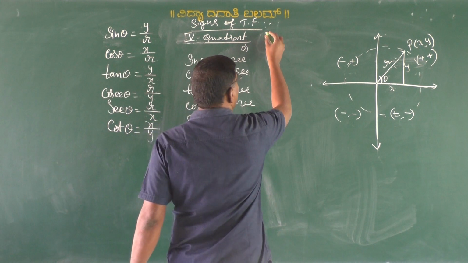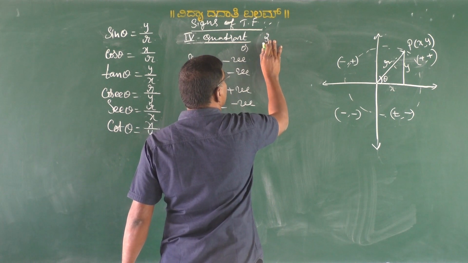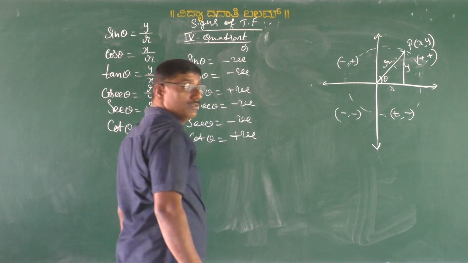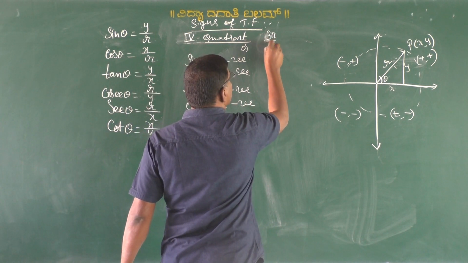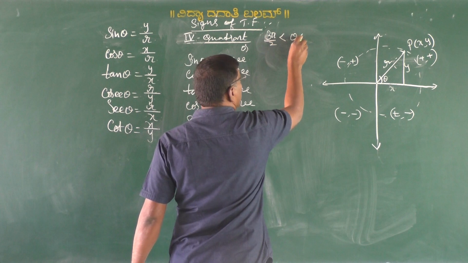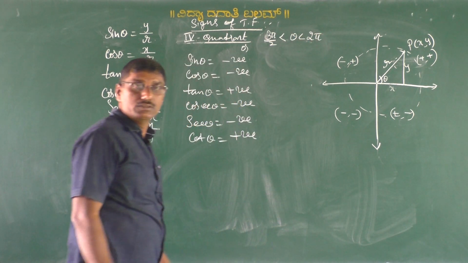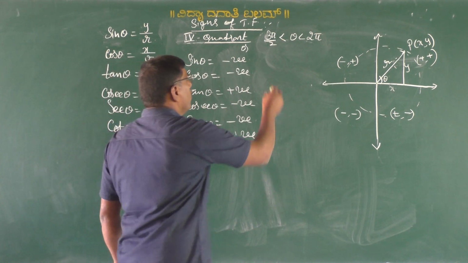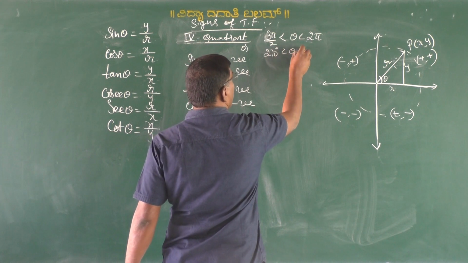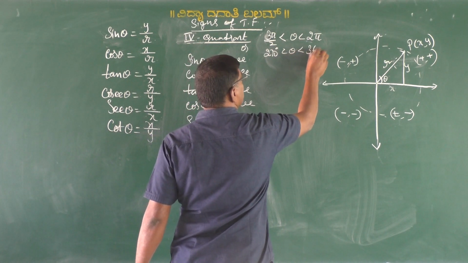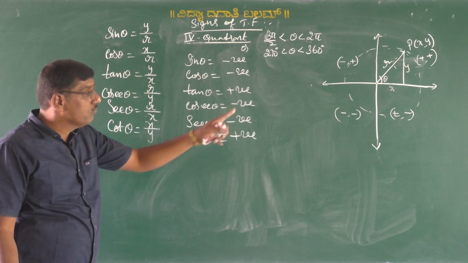In radians, 3 pi by 2 is less than theta less than 2 pi, isn't it? That is, 270 degrees is less than theta less than 360 degrees. That is in the fourth quadrant.